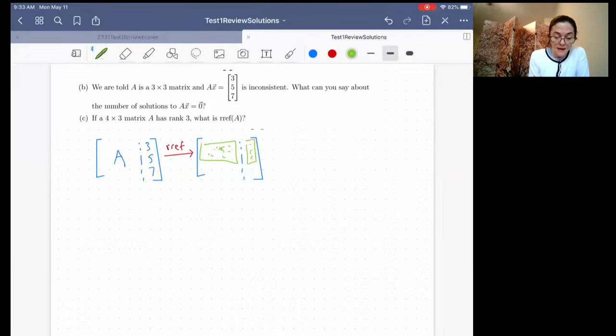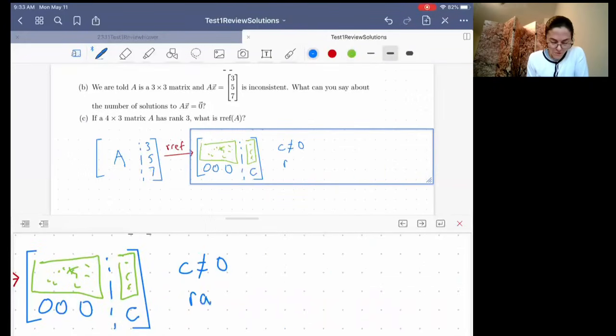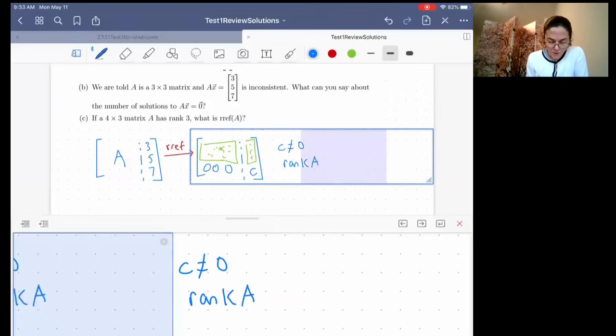But what I'm guaranteed, if it's inconsistent, is that this is going to be a row of zeros, and then this is going to be, say, C, where C is not equal to 0. Right? That's what it means to be inconsistent. Okay, so what does this mean? It means that the rank of A is going to be less than or equal to 2.